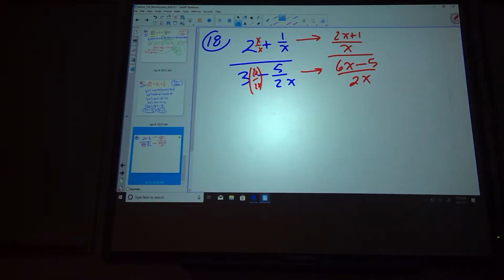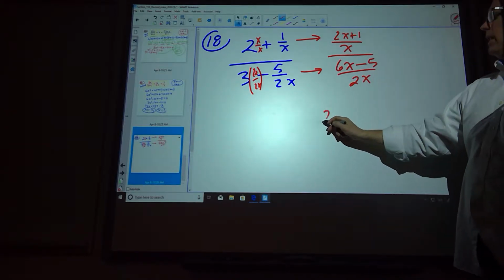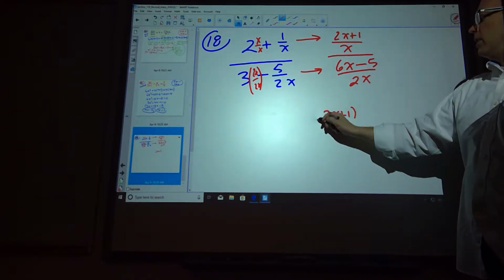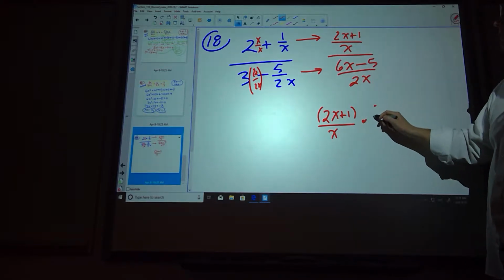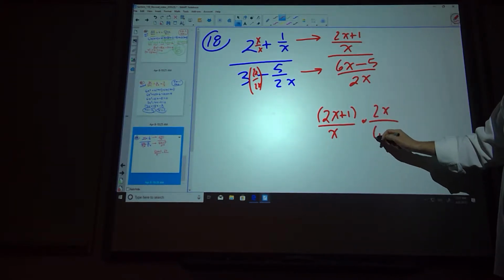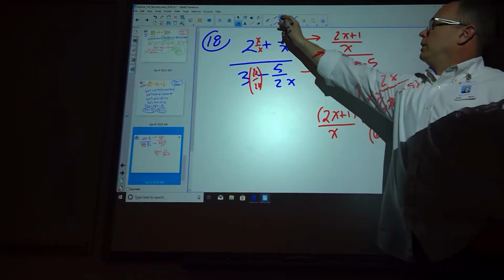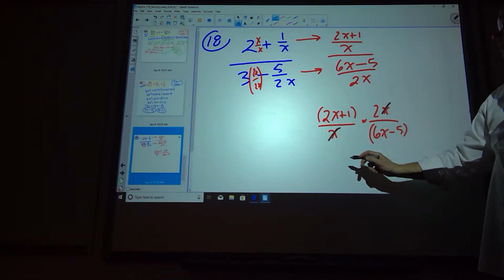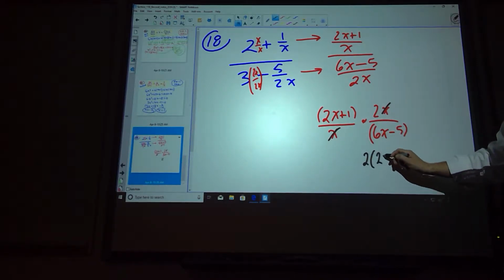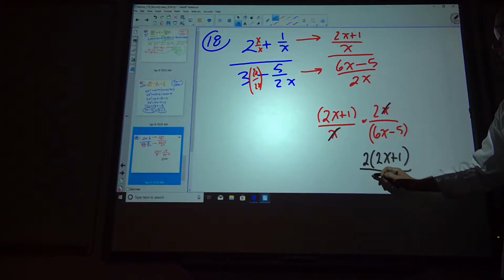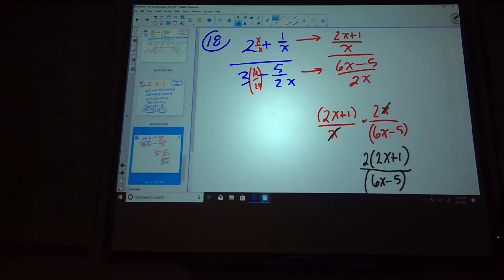Is that okay so far? 2x plus 1 won't factor, so I'm going to bring that down, 2x plus 1 in parentheses, and x, and then multiply by the reciprocal of the bottom. 6x minus 5 will not break down either, so let's put that in parentheses. So the only thing that's going to cancel out for us are the x's. So I'm left with 2x plus 1 over 6x minus 5. And again, if I put it in parentheses, that tells me it's already factored.